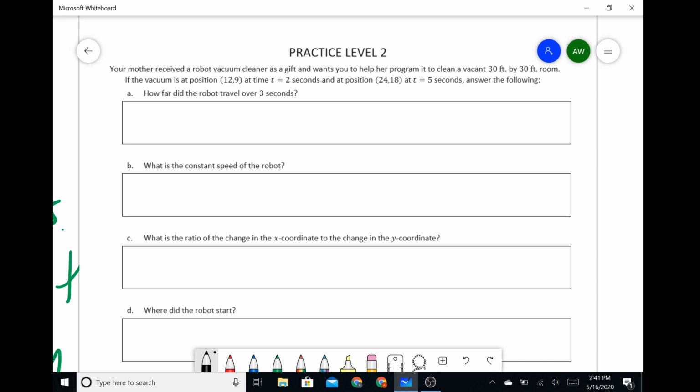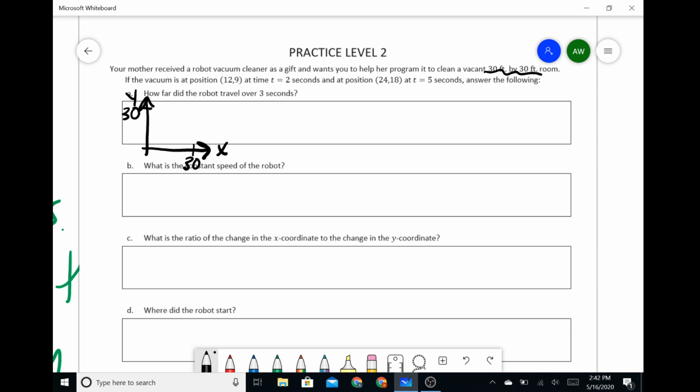Okay, so let's draw a picture first. Even though it doesn't ask us to draw a picture, the smartest thing we can do in this situation is draw it out so that we can see what's going on. If we can't see what's going on, we really have no hope of solving this correctly. Okay, so I'm going to make a graph here, x and y. And this is going to go from 0 to 30 because we know that our room is 30 foot by 30 foot.